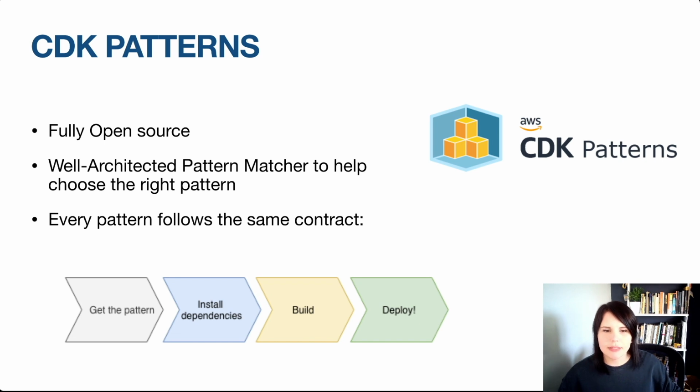The idea behind it was to create patterns built and sourced and discussed by AWS heroes and developer advocates. And every pattern follows the same contract. You should be able to clone the pattern, install all of the dependencies, run npm run build, npm run deploy, and it should all deploy.